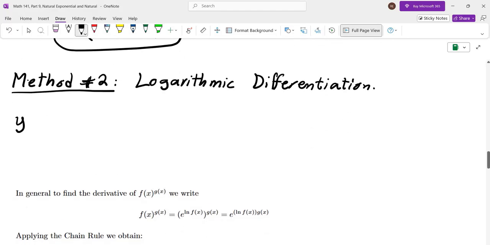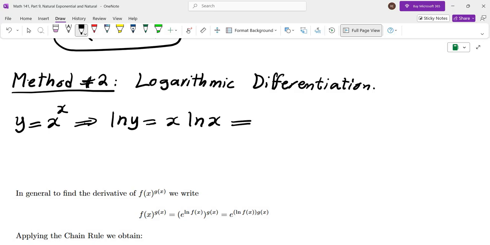So here is how we apply that. y equals x to the power of x. We take the natural log of both sides. We get x natural log of x. Then we differentiate both sides. So we get 1 over y times y prime. The derivative of x natural log x is 1 times natural log x plus x times 1 over x.